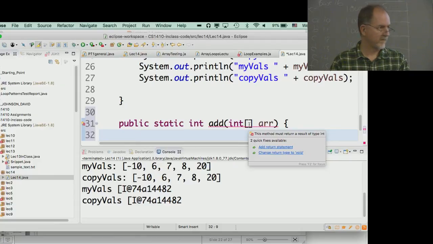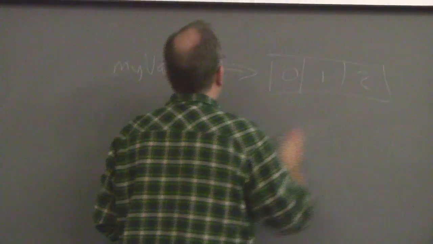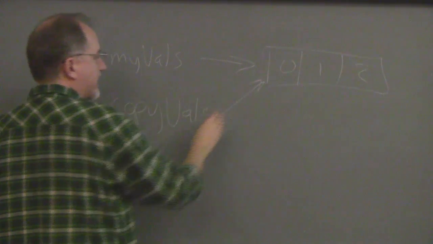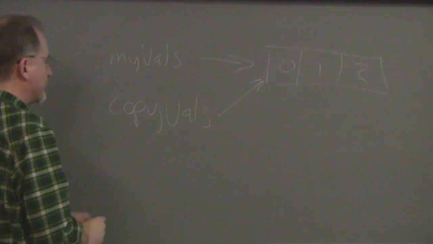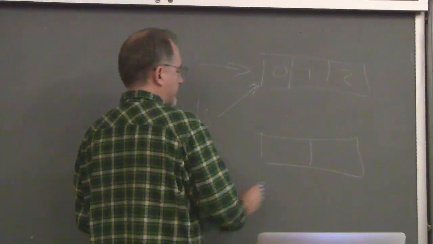Even if we change the size? If you change the size, like say, if you said myvals equals new int array of size 6, that's now referencing a separate object. And so the copy would still point to, let's just bring that real quick. So if I have myvals referencing some array of size 3, and I have copy vals assigned to that same one, and then I were to say myvals equals new int array of size 2 or something, it would make something of size 2.